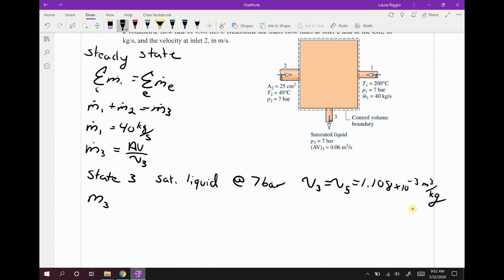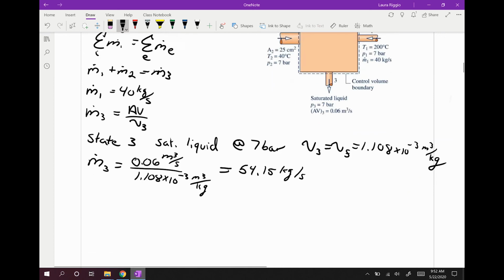So I get the mass flow rate at our exit is equal to 0.06 meters cubed per second divided by 1.108 times 10 to the minus 3 meters cubed per kilogram, which is equal to 54.15 kilograms per second.